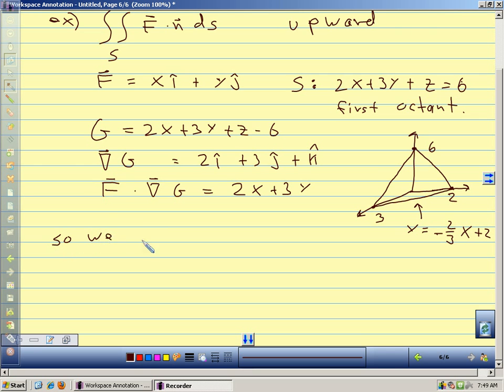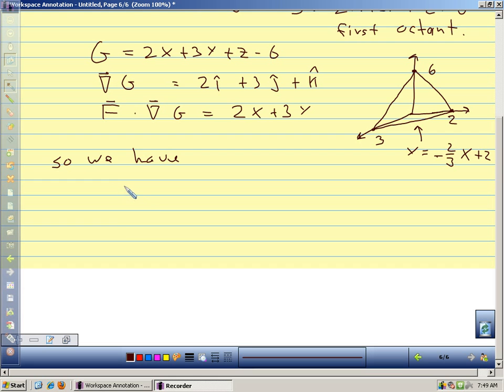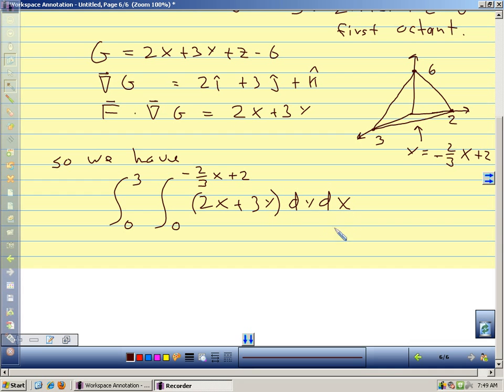So we end up with our double integral over our region in the xy plane: the integral from x equals 0 to 3, y equals 0 to minus 2/3 x plus 2, of 2x plus 3y dy dx. This one's a nice, easy integral to evaluate. This comes out to 12.